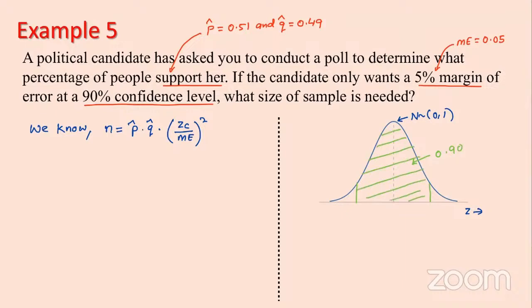And the remaining 10% is divided on two tails. So that means what percent each? 5% each, 0.05, 0.05. And the value that I'm showing here with the dot, that is your Z critical.